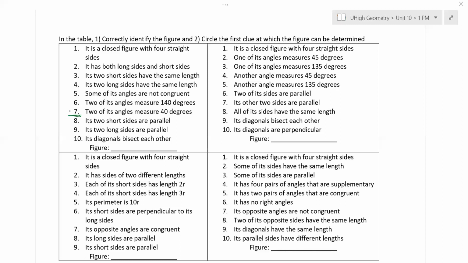And then number 10 says its diagonals bisect each other. If we're thinking about all of the different quadrilaterals that this could be, the only one that this would fit is a parallelogram.